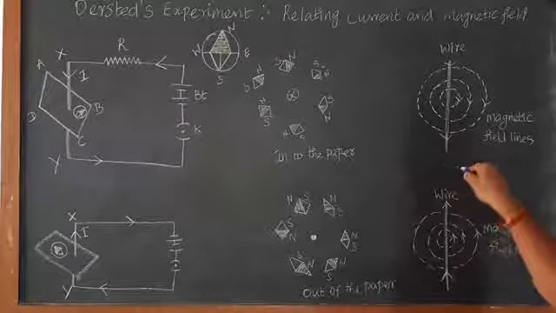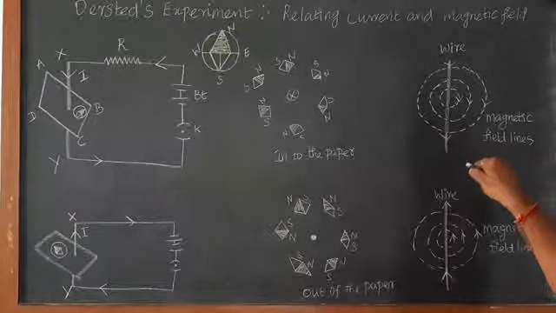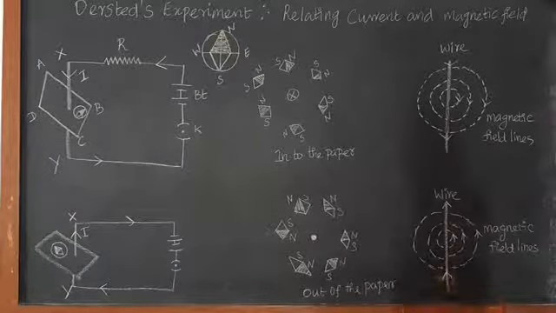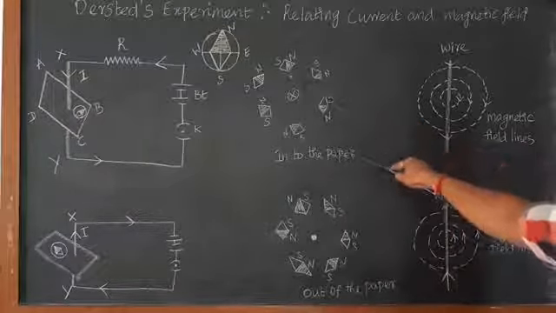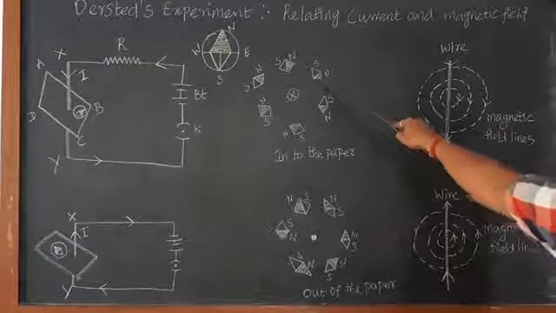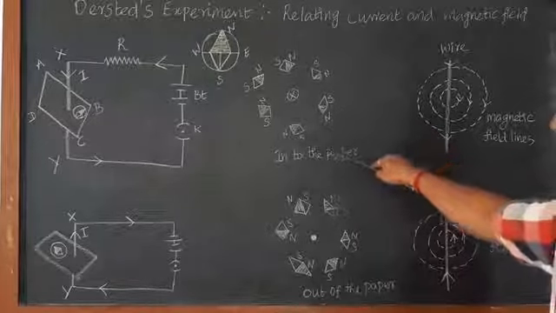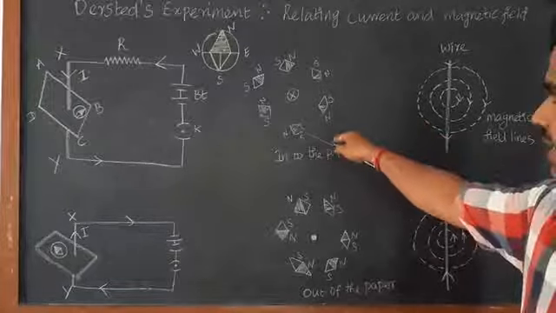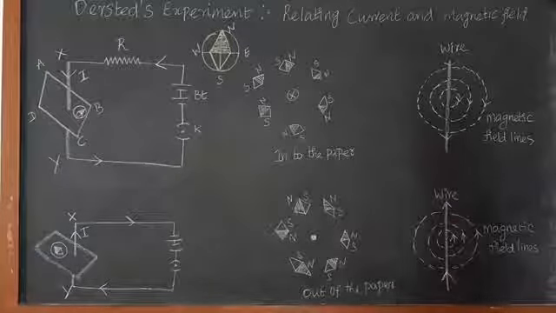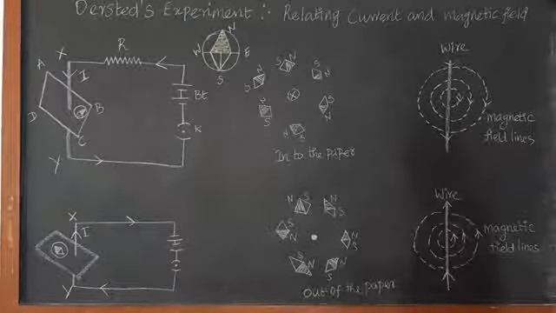Suppose you place this compass needle here, look here, all the north poles are deflecting in the east direction, right. So all the north poles point in the same direction, and every north pole will look like that. So, for that we can also draw the magnetic field direction.